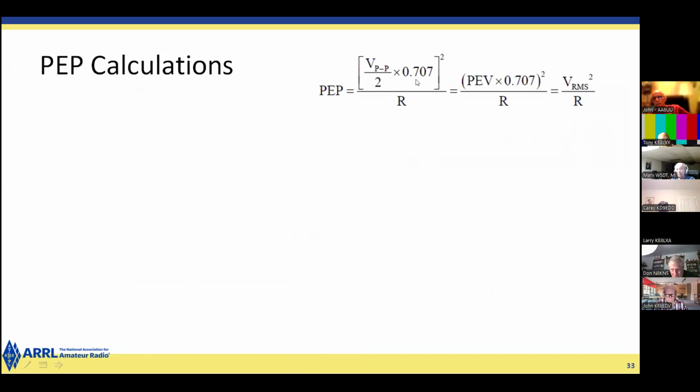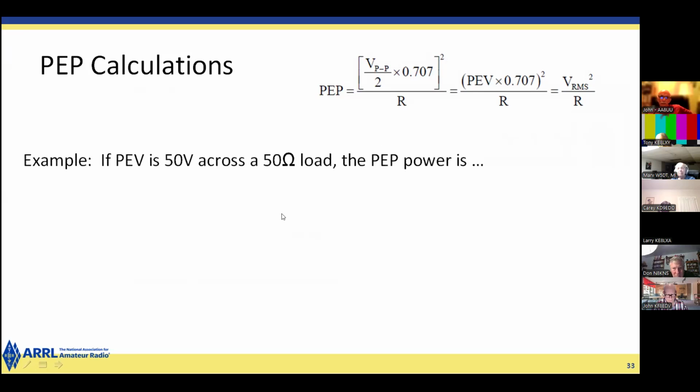PEP divided by 2 times 0.707 squared over R. And there you go. PEV times 0.707, or VRMS, the voltage converted to RMS, squared divided by R. And they're probably going to do it for us here.